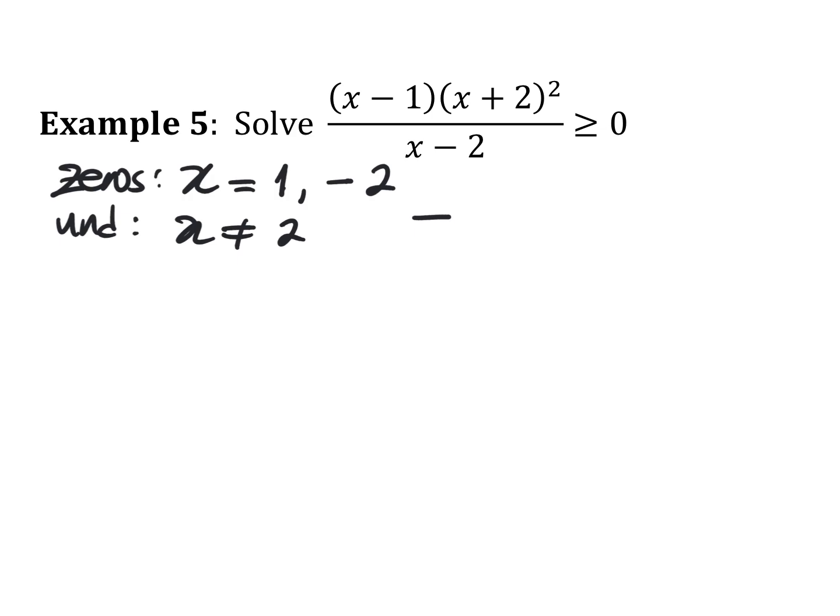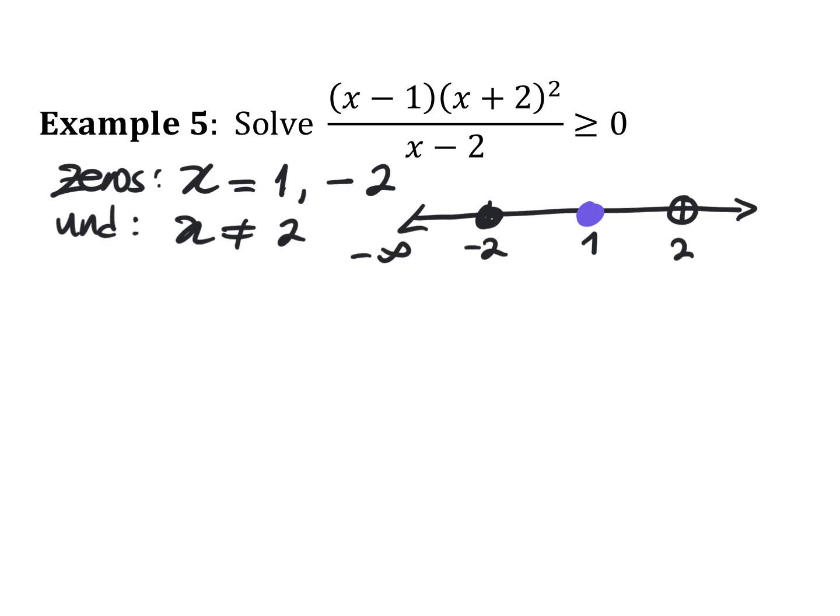So let's create our number line. We have negative 2 here, then 1, and then 2. Negative 2 is a closed circle, and also 1. And 2 is going to be open. It's not part of the solution set.